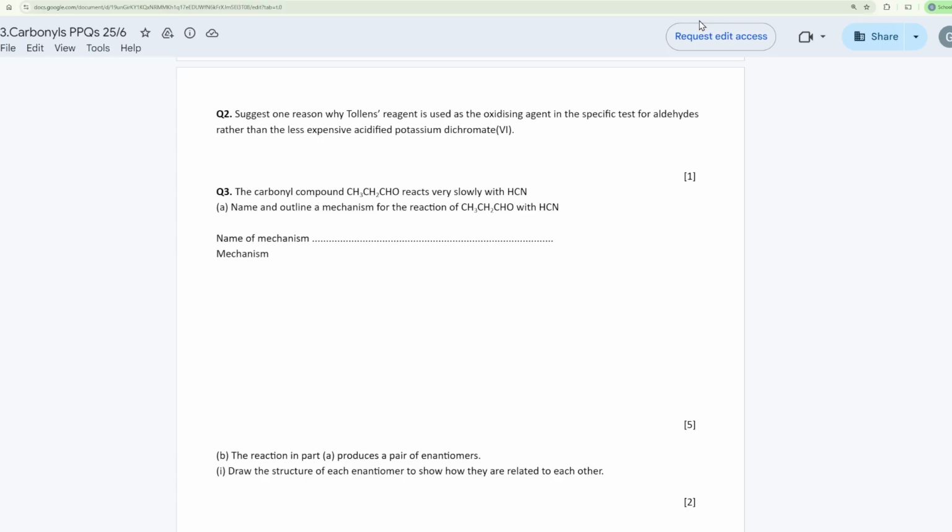Okay, so CN minus, double bond, double electrons go to this. And then we get this intermediate where this bond breaks here.